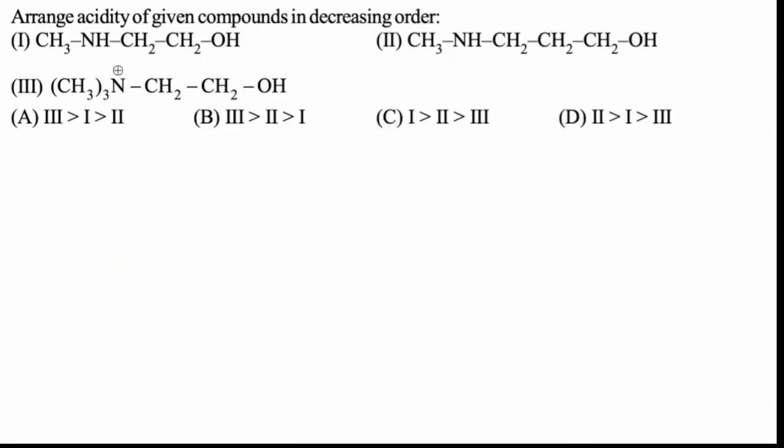In this question we have to find the correct order of acidic strength among the given compounds. Now acidic strength is directly proportional to the stability of the conjugate base, and the conjugate base is an anion, and the stability of an anion is increased by the minus I effect and decreased by the plus I effect.